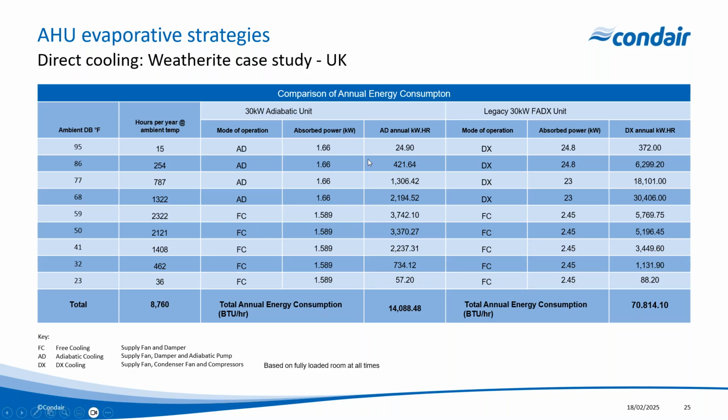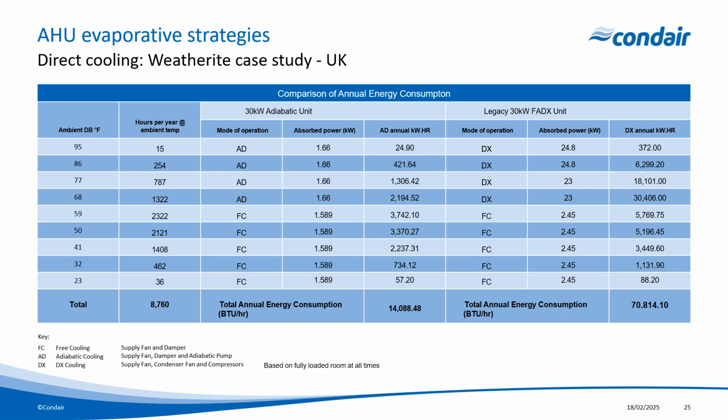If we look at the absorbed power for both, the 30 kilowatt adiabatic unit is going to be drawing about 1.5 kilowatts compared to about 2.45 kilowatts. So as expected, relatively close because they're both running in free cooling mode. We do notice a small decrease here on the 30 kilowatt adiabatic unit, and that's really because they've got slightly more efficient fan motors and fan blades in that unit.